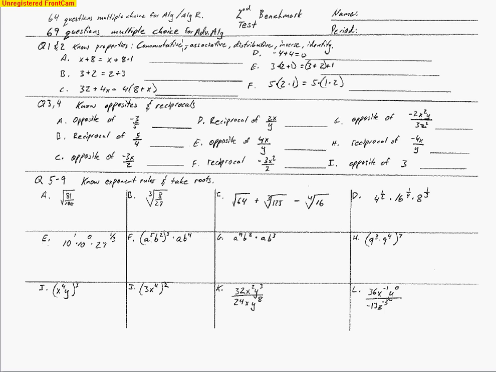to be the commutative property of addition or multiplication, associative property of the same two operations, distributive property, inverse and identity properties. So taking a look at the first one here, we've got an x plus 8, and it equals x plus 8 again, but times by 1. So what changes? Well, the only thing that changed is this right here.